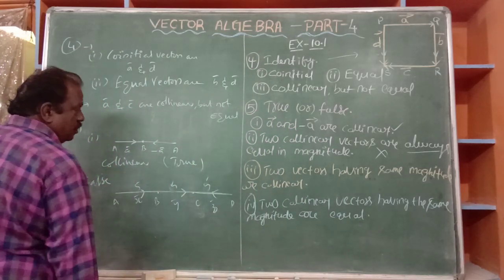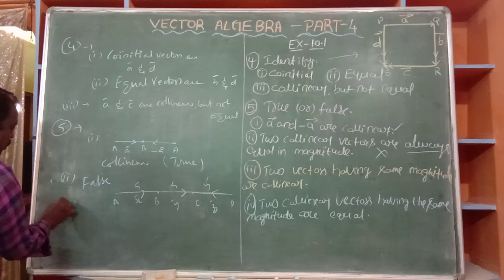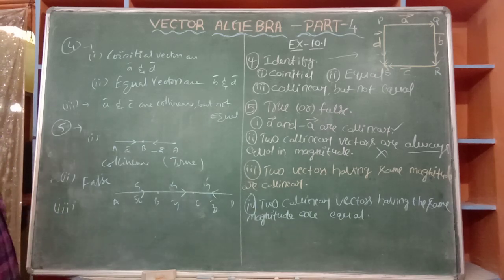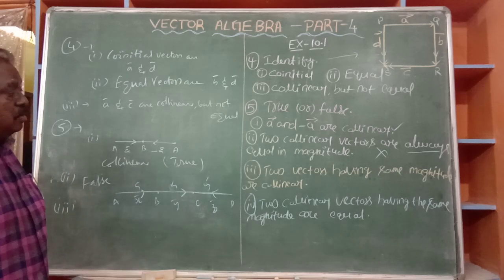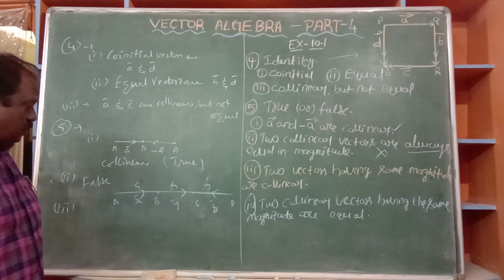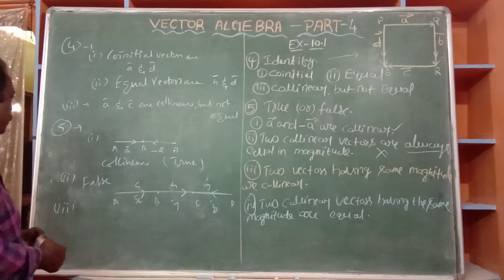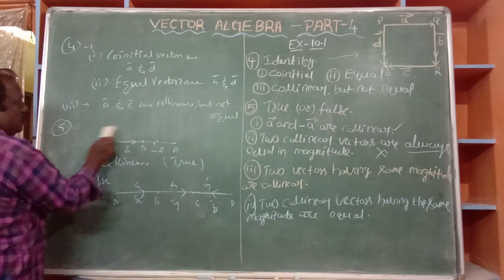Next, the third one: two vectors having the same magnitude are collinear.